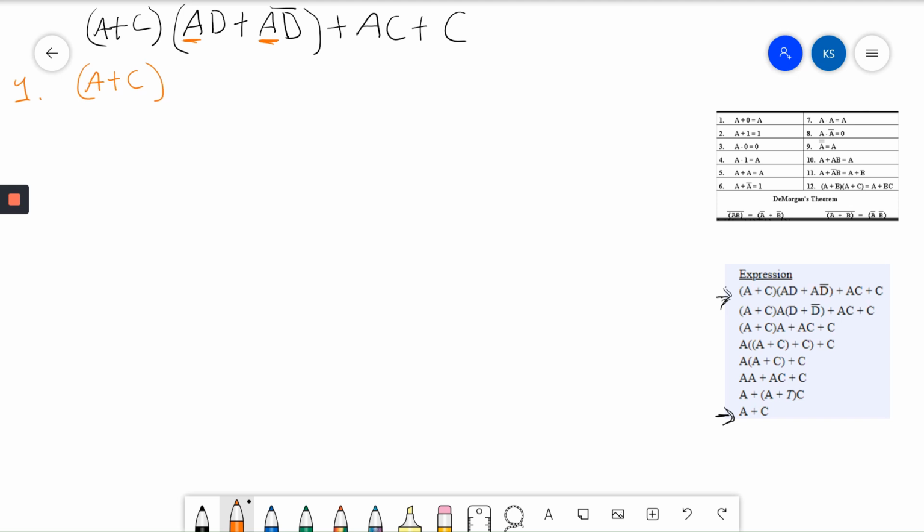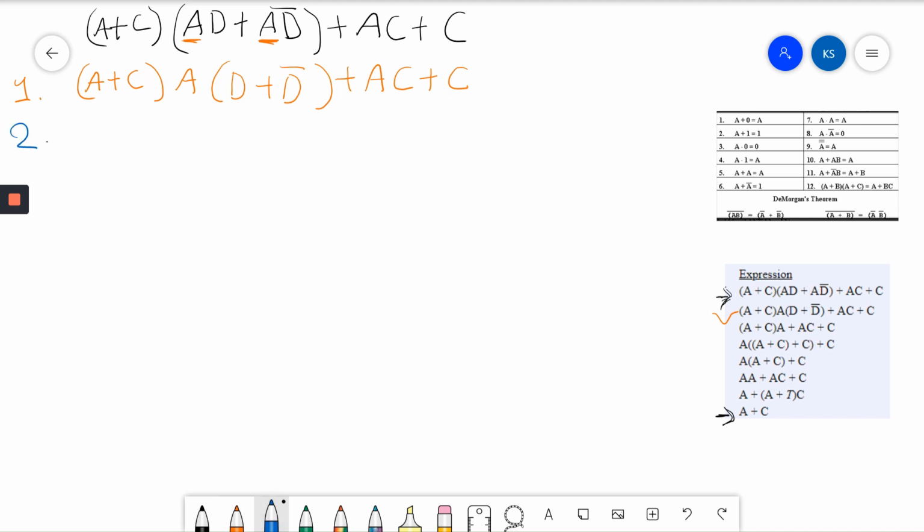A plus C, then take A common, so it will be D plus D bar, then the rest will remain the same, A plus C. Okay, so I got this. My first step is done. Fine. Now my second step.